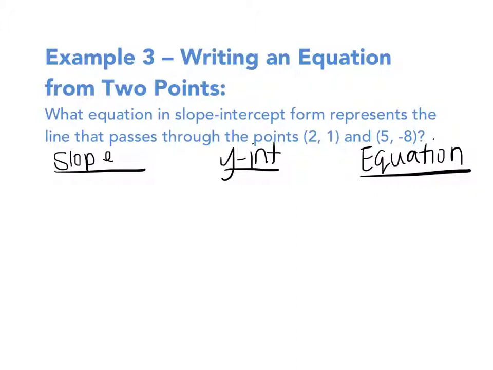So we know from a previous lesson how to find the slope from 2 points. We have to use our slope formula, which is the change in y all over the change in x.